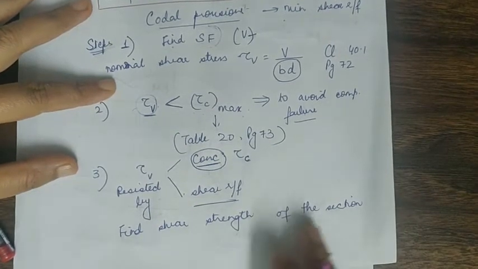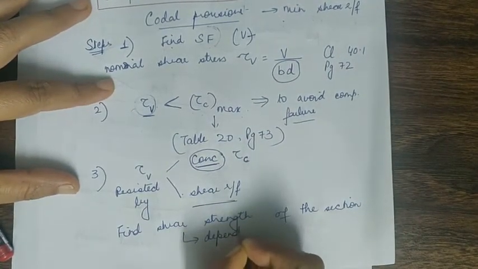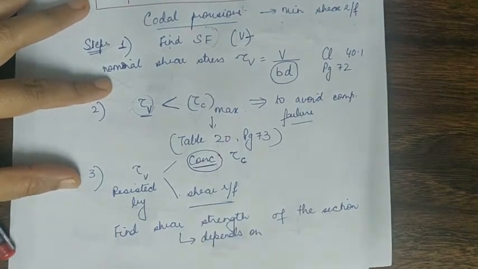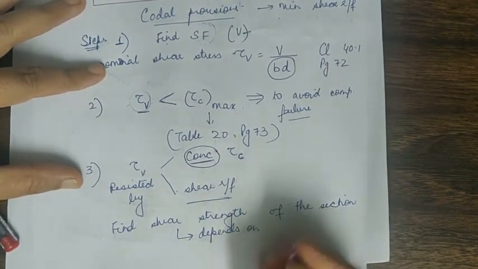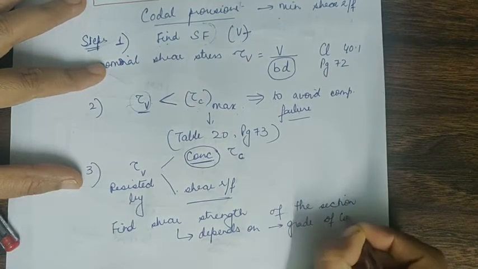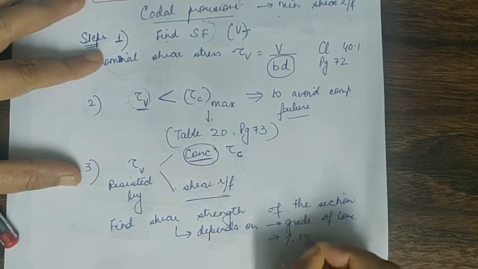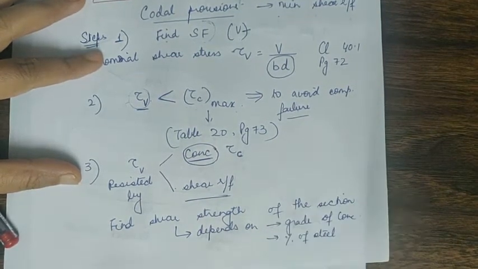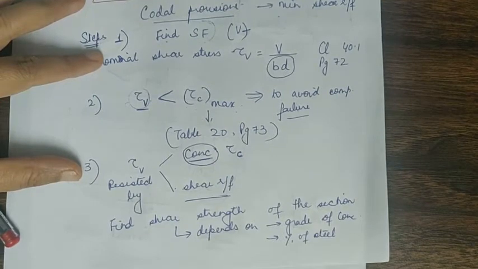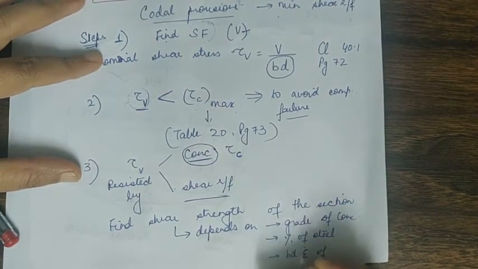Now shear strength of the section itself depends upon a number of factors. It will depend upon the grade of concrete. It will depend upon the percentage of steel that has been provided. It will depend upon dimensions B and D of the section.